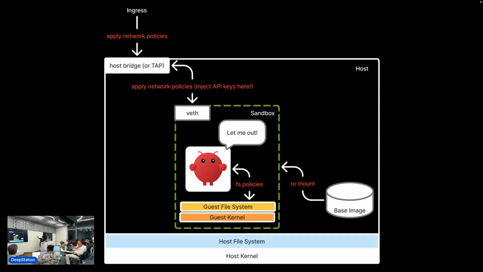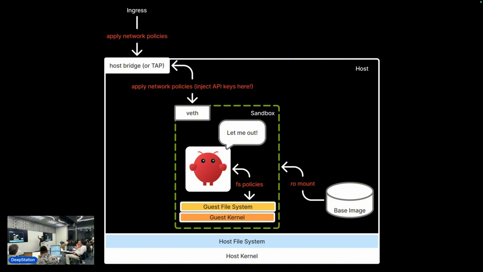So ingress traffic, if you've ever heard of prompt injection, that's what happens. Your OpenClaw is listening to email and it gets prompt injected. Well, if your OpenClaw instance is inside of a sandbox, the only way to get to it is to go through the host, and that's where you apply some network policy.